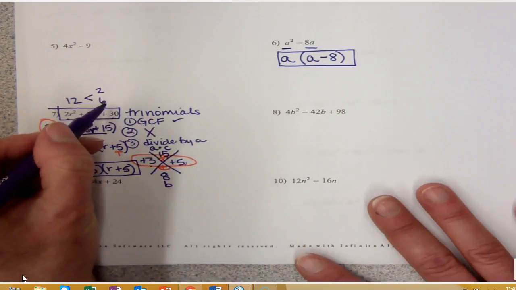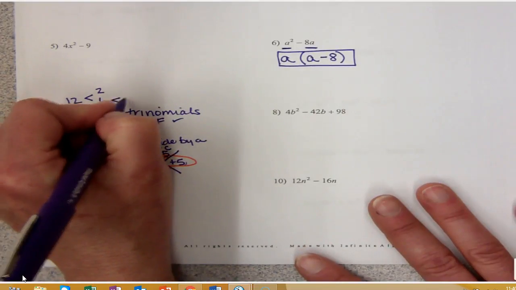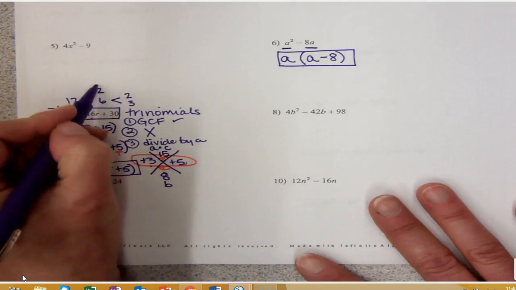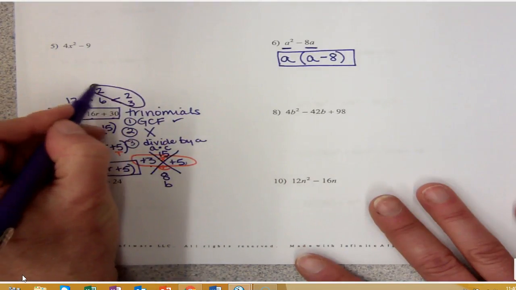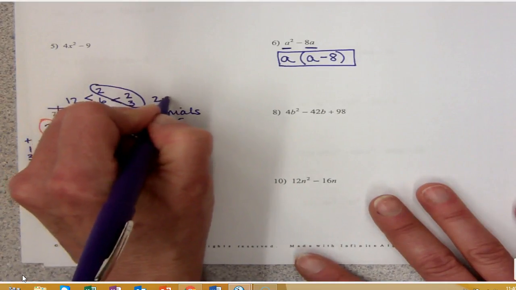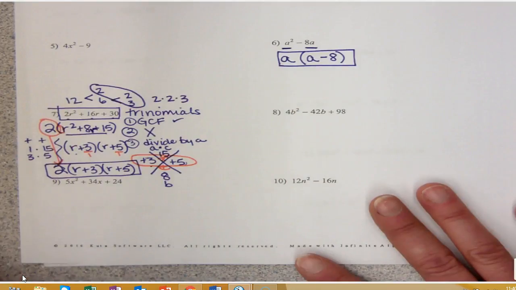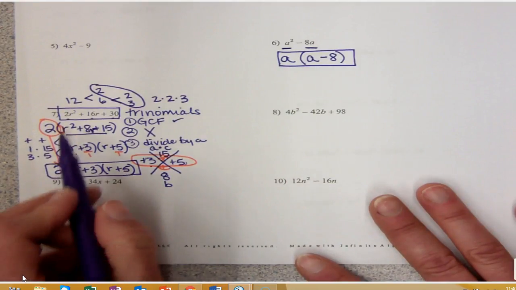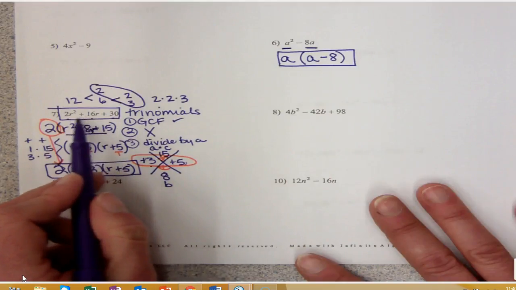But we can still break down that 6, and we need to break that down into, say, 2 and 3. So now these are our factors of 12. 2 times 2 times 3. These are our factors of this trinomial.